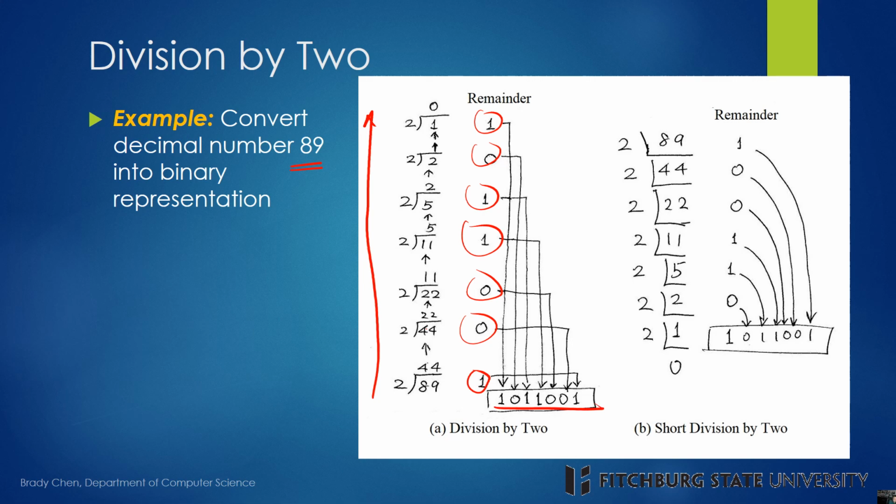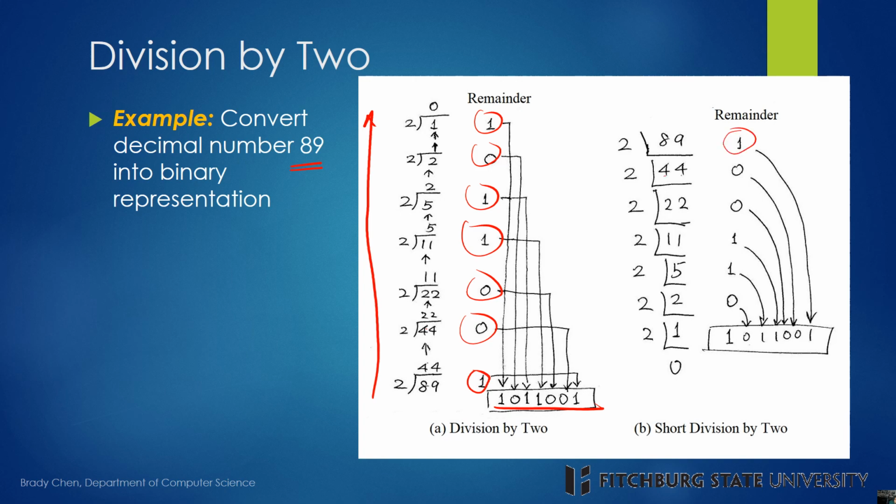Okay, so we got this. Now this division is kind of awkward. It's not really convenient, right? So here on the right, we use another form called short division by 2. This is just a different notation, a math notation. We can go from the top. 89 divided by 2, and you record the quotient and record the remainder.